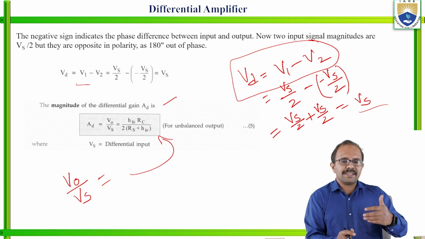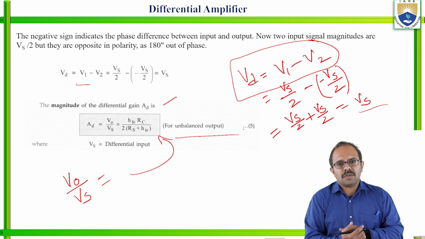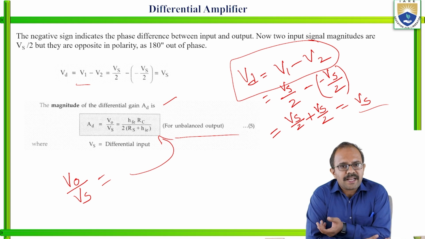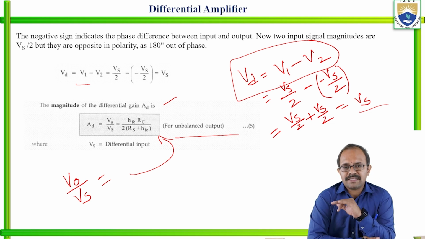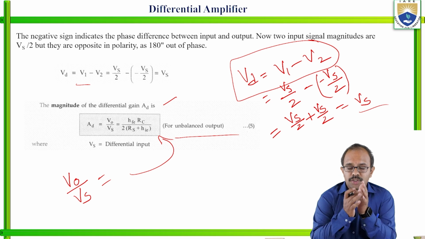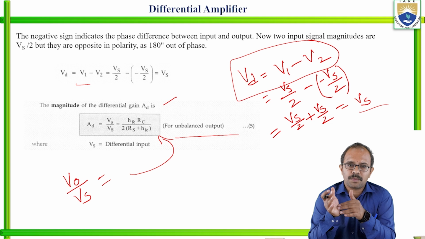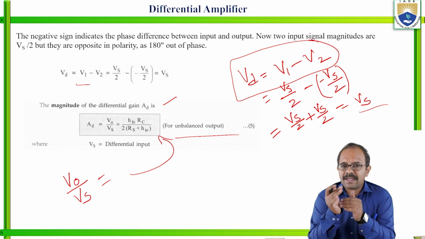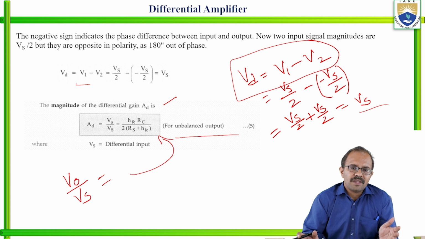So whatever we consider here, this is for balanced output. If you remember, the differential amplifier itself can operate in 4 modes. So what are they? Single input balanced output, dual input, that is nothing but balanced input, balanced output. What is meant by balanced input? Both inputs are available and both the circuits will give the output, right?